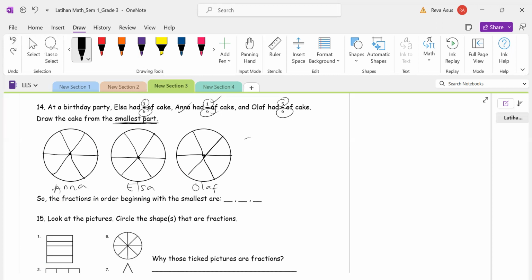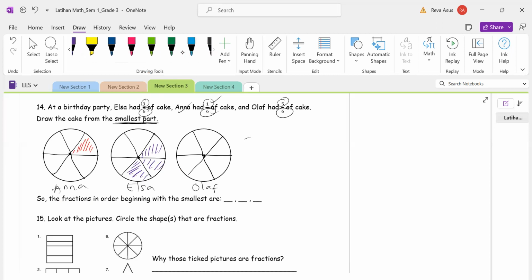Okay, so for Anna, Anna only got one, and then Elsa got 3 slices, 1, 2, 3, and then Olaf got 5 slices, 1, 2, 3, 4, 5.